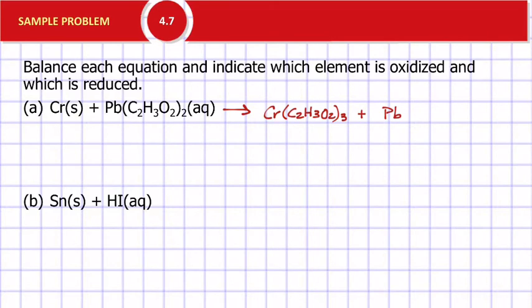So I would need to put a 2 here to make 6 acetate ions, and put a 3 over here to make 3 acetate ions. And now I screwed up the chromiums, so I'd need to put a 2 over here, 2 chromiums and 2 chromiums. And then I've got 3 lead ions, and I need 3 lead atoms over there.